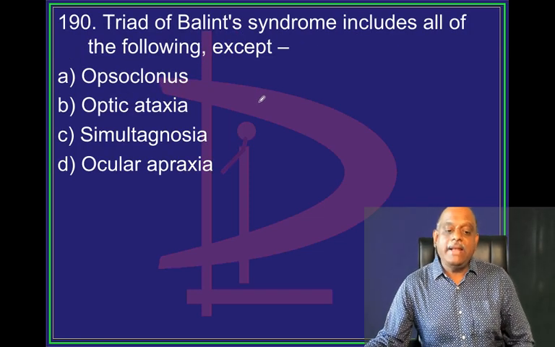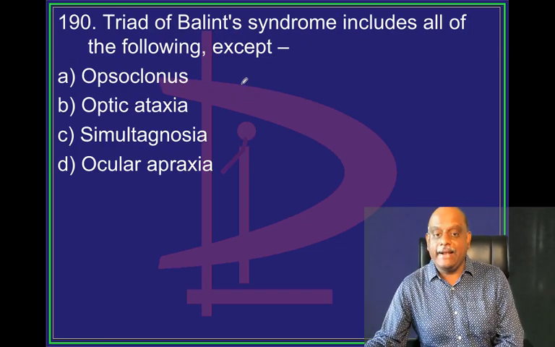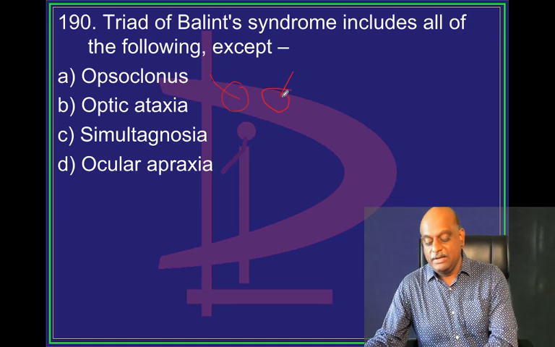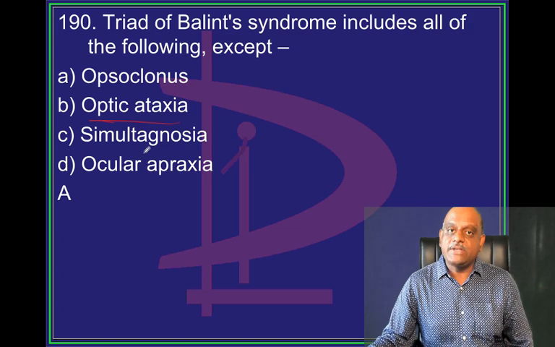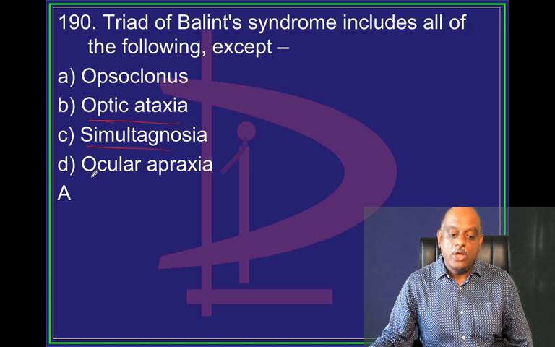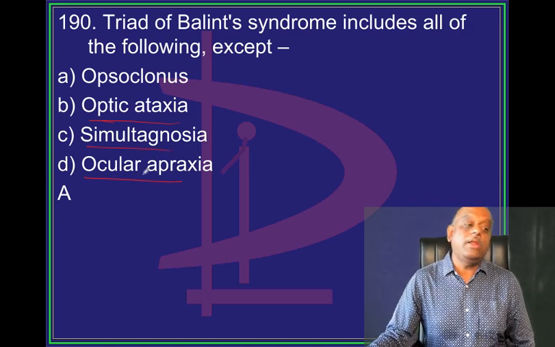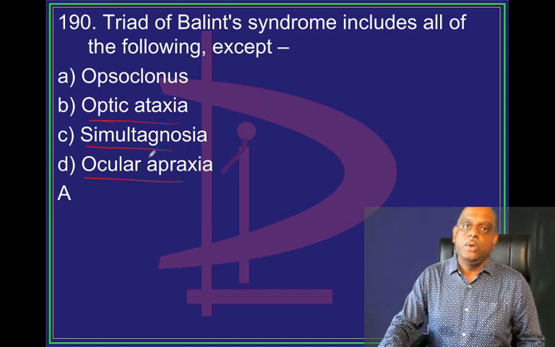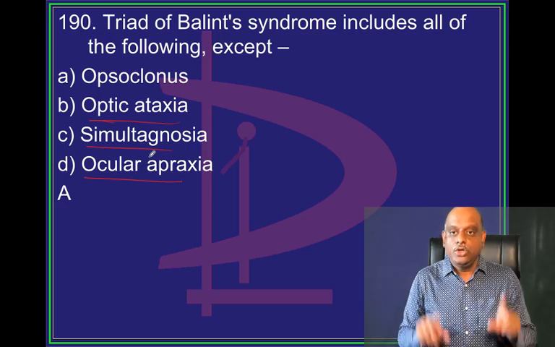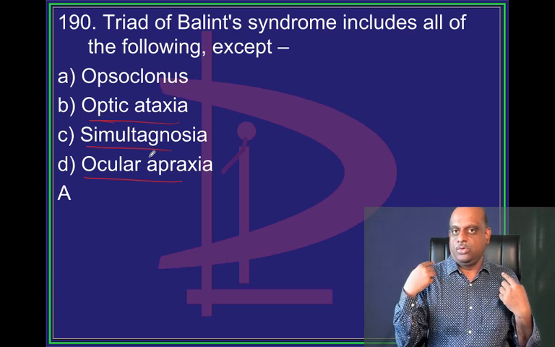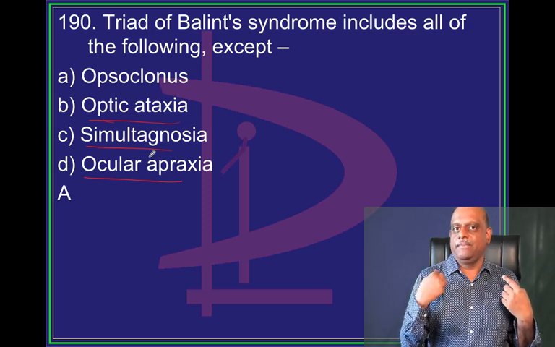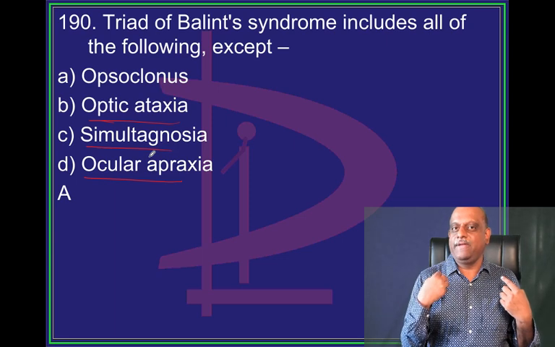What is Balint syndrome, doctor? Bilateral parietal lobe dysfunction is called Balint's. In that you get optic ataxia, simultagnosia, ocular apraxia. What is the meaning of simultagnosia? You ask the patient to close the eyes. You touch only on one arm and say, are you able to feel?